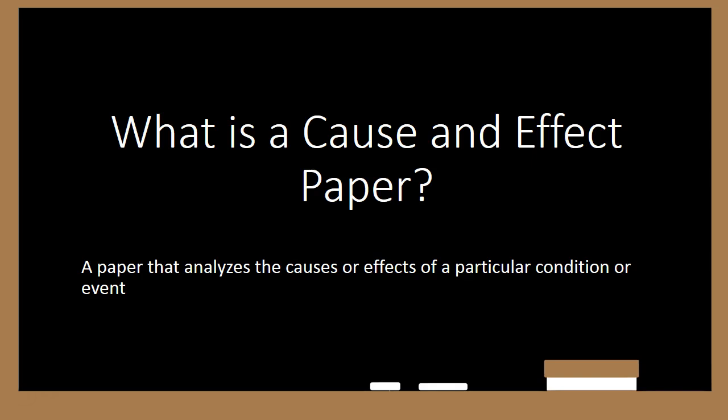It has led to several different effects. These effects that clear-cutting forests have led to include increased erosion, lost habitat for animals, a higher level of pollution because of the lack of trees. So that's an example of a condition and what it has led to.